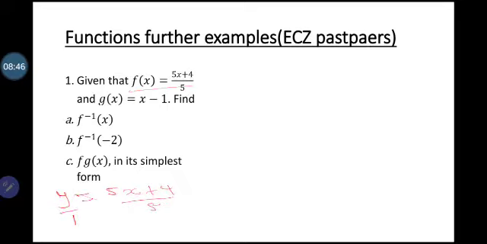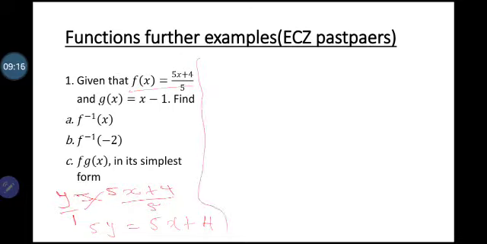Then we cross multiply. So what we have now is y times 5, which will give us 5y, is equal to 5x times 1, which is 5x, plus 4 times 1 is 4. So this one multiplies everything. Just in case of a different number besides 1 in a different question, this number multiplies everything up there.